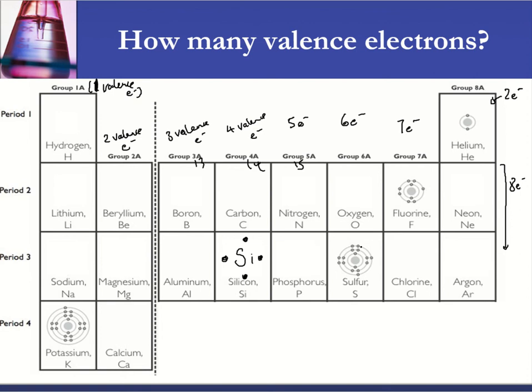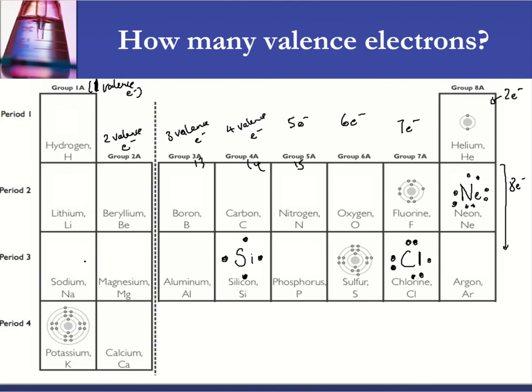If I do chlorine, it's in group 7, so it has 7 valence electrons. So 1, 2, 3, 4. So I've put 4 in all directions. Now I'm going to pair them up. If I look at neon, it has 8. So 1, 2, 3, 4, 5, 6, 7, 8.